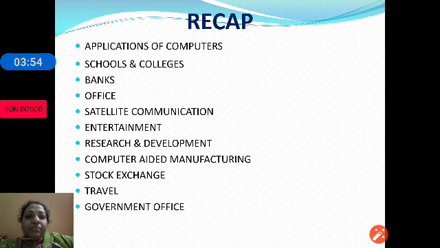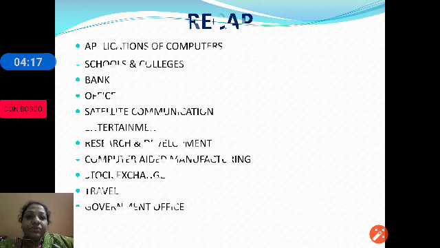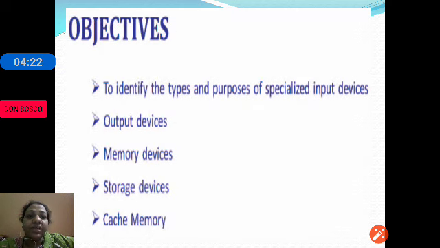Computers are also used during travel to know the destination, the duration, and to book tickets, airline tickets, and hotels. To access information about the government, it is possible through their websites, and there also we are using computers. So these are some of the topics where we discussed areas where computers are helpful to human beings.